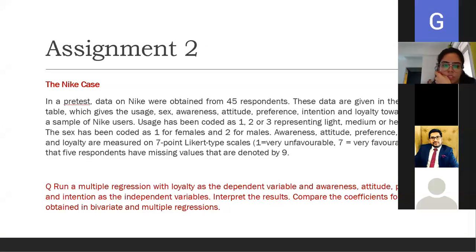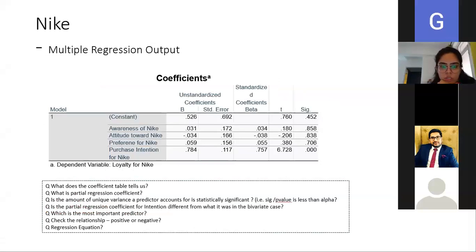Let me show you this assignment that I'm going to give you, or maybe we'll do it in class together. In a pre-test, data on Nike were obtained from 45 respondents. These data are given in the following table. Basically there are five to six variables, and you have to compare and check the regression on this.